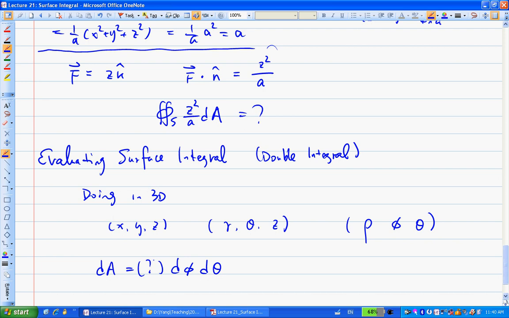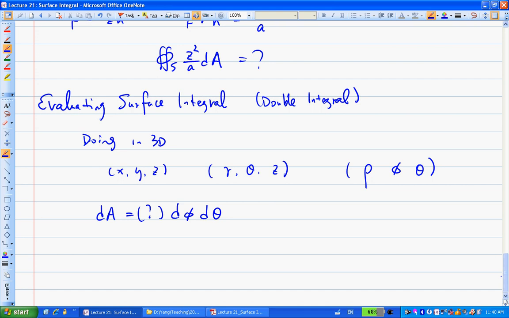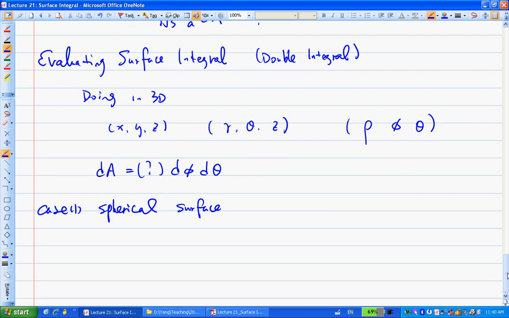Now let's take a look at specific cases. How do I single out this dA in terms of the variables that we need? Let's look at the spherical surface first. Case number 1, when you have a spherical surface. That's the example I just showed you.